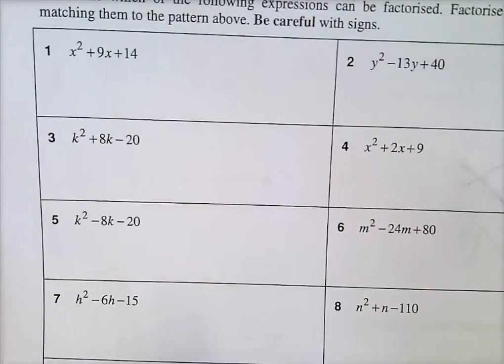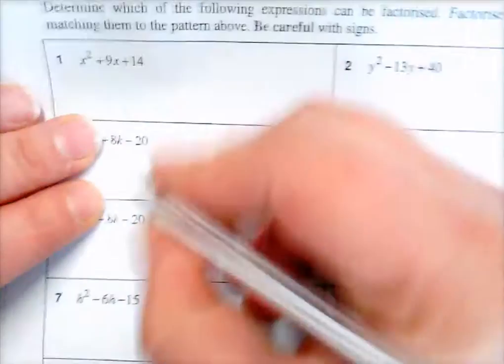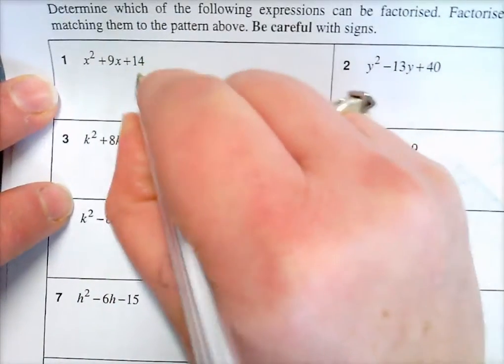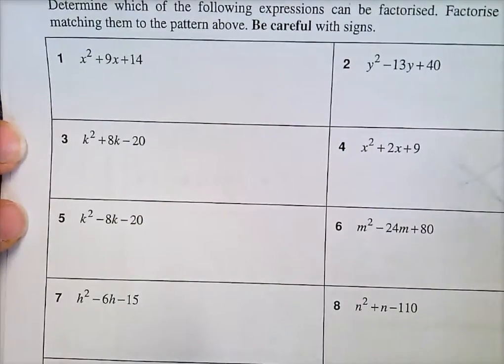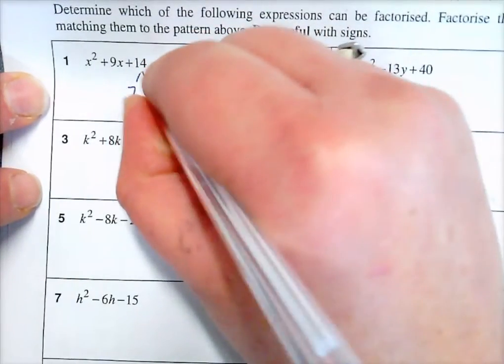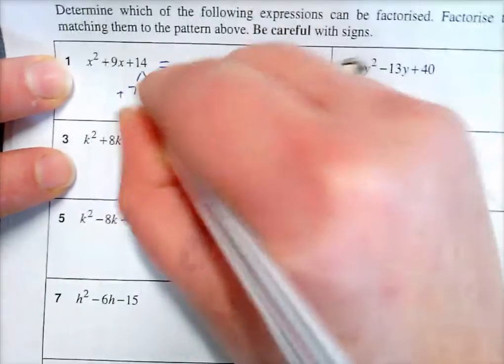We will learn next year different methods using surds, okay? But you'll learn about that then. Can you think of 2 numbers that multiply to give plus 14 and add up to give plus 9? So this will work. So that works, plus 7 plus 2.